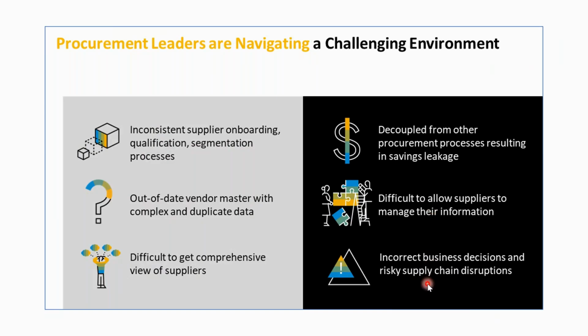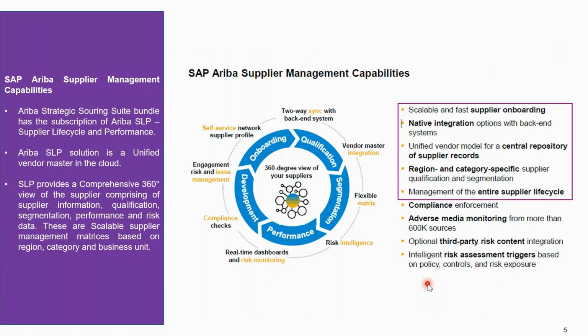If exact data is not given to your procurement leader, for example, they may not make the correct decision. So those are a few potential challenges as of now. If I move to the supplier management capabilities that SLP offers you, straight away it starts from onboarding.